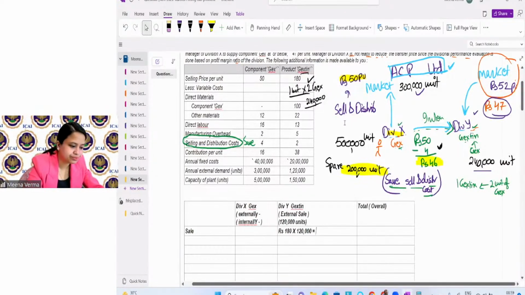Similarly, find the revenue for the Jix product also.